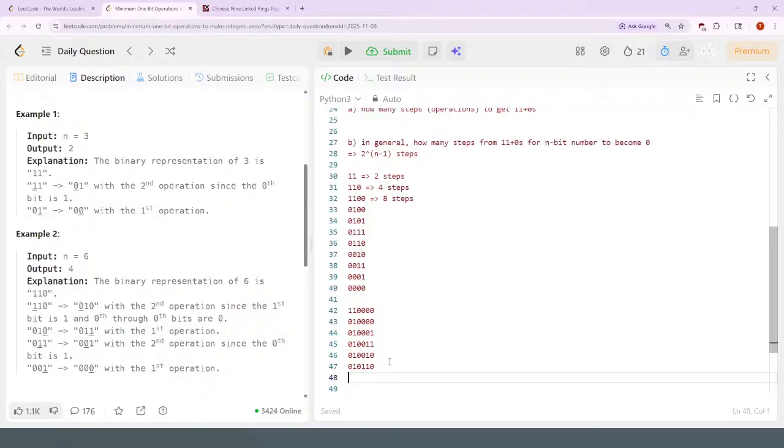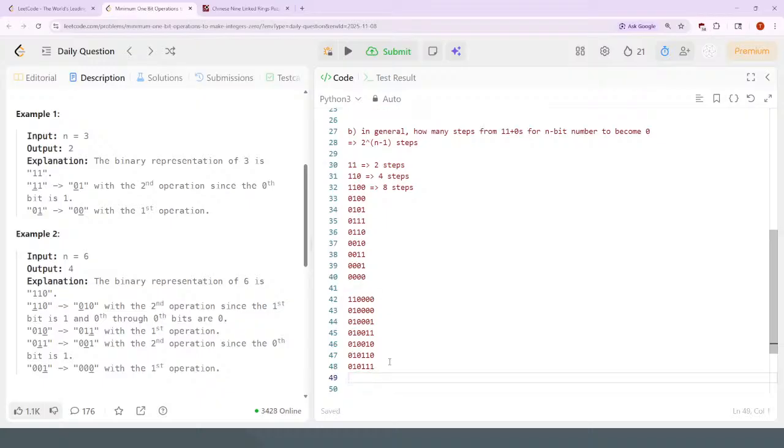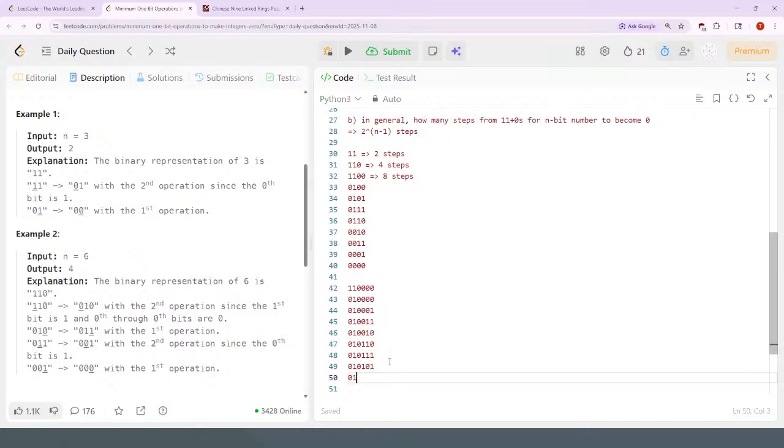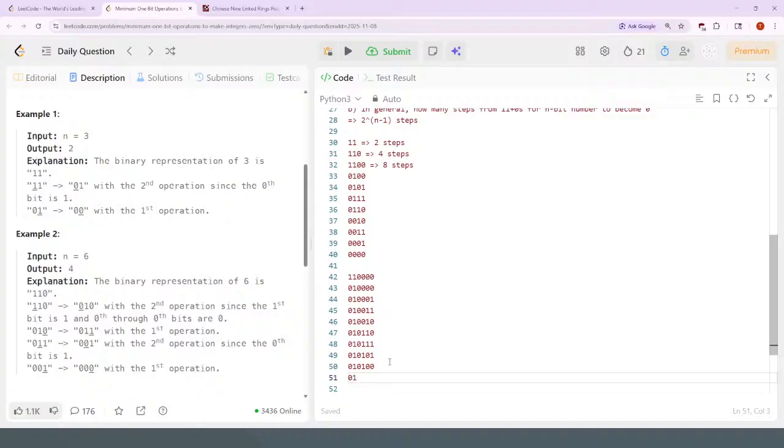So 1, 1, 0, 0, 1, 0, 1, 1, 1, 0, 1, 0. I think you would make the second a 0. 1, 0, 1, 0, 1. I think you can make the last one 1.